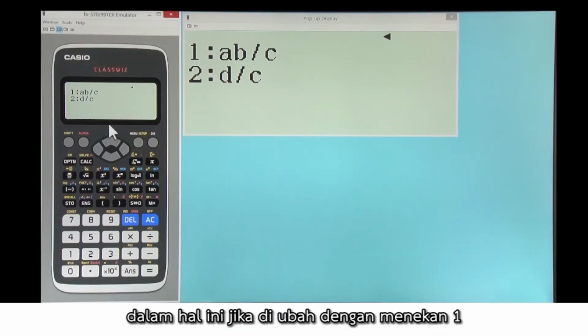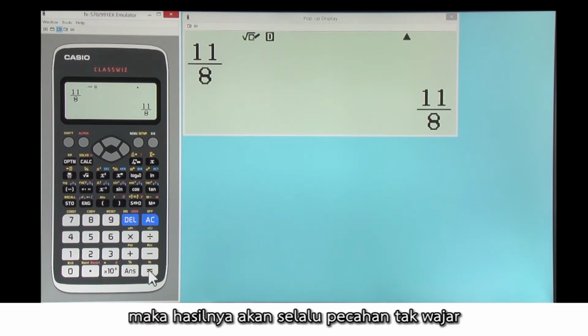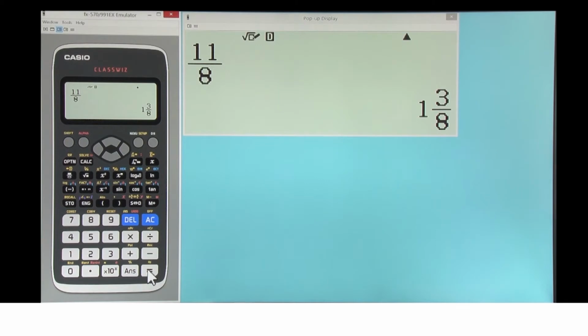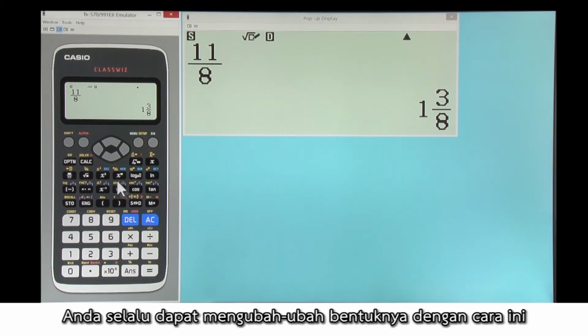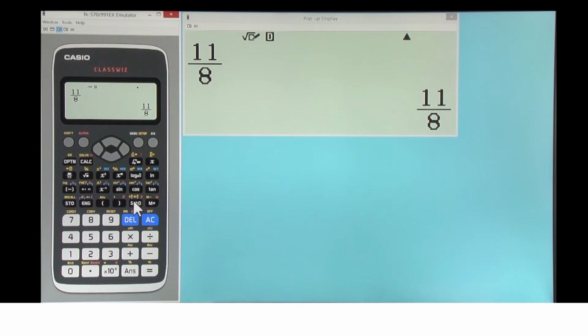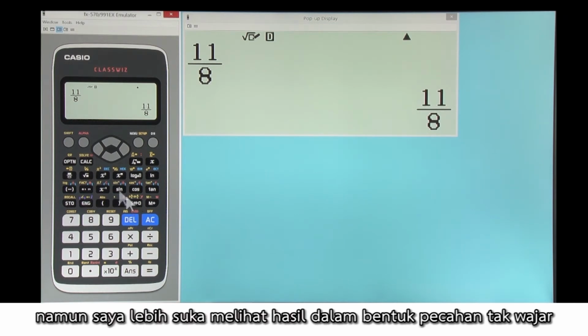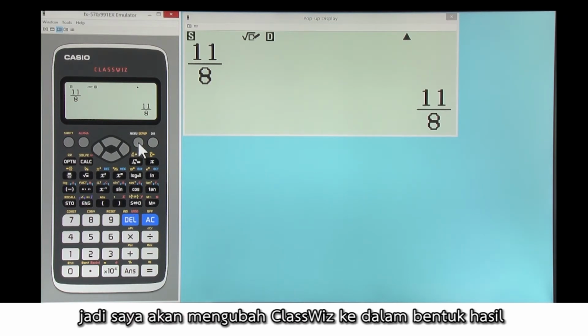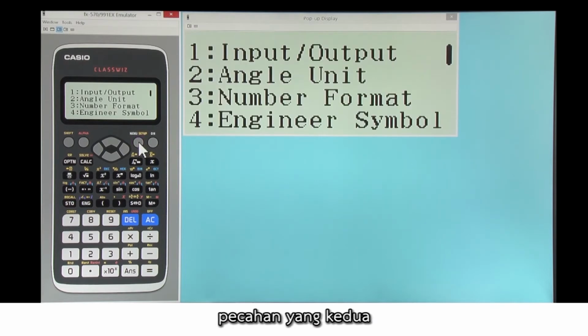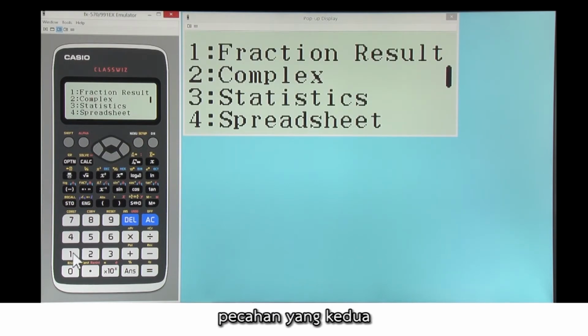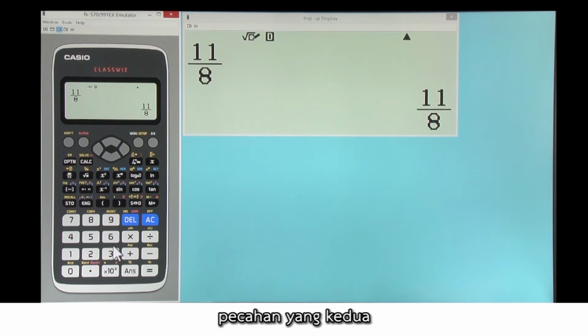If I change by pressing number 1, then the result will always be a proper fraction. And we can always change it from one to the other like this. However, I prefer to see improper fractions, so I'm going to change my ClassWiz back to the second one.